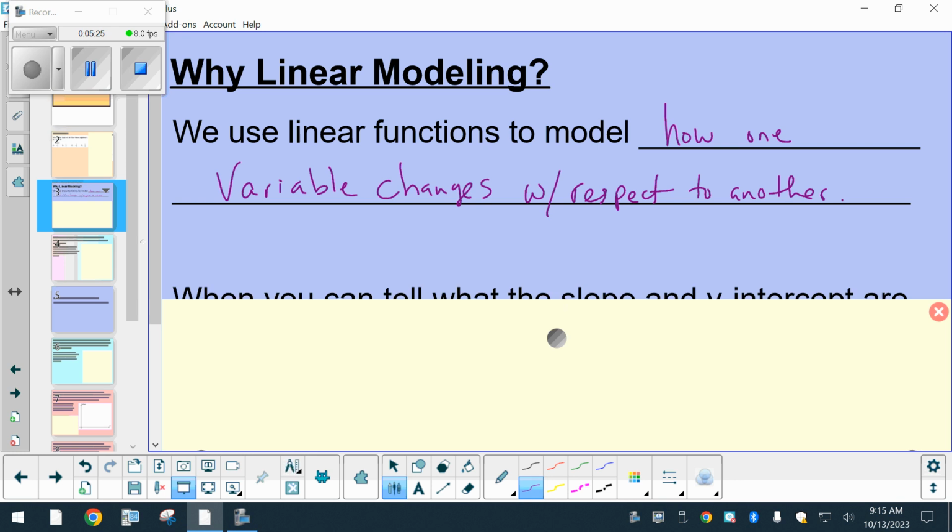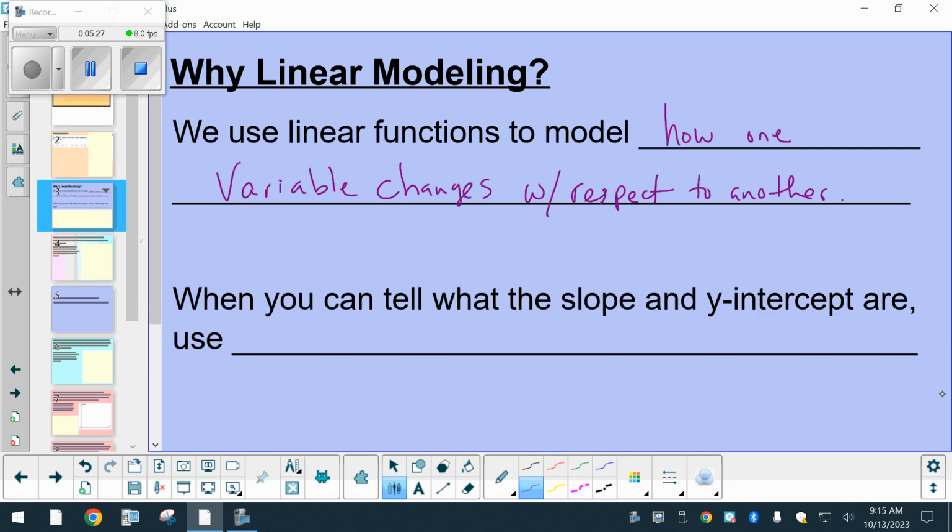Okay, and that's what linear functions are able to tell us, right?